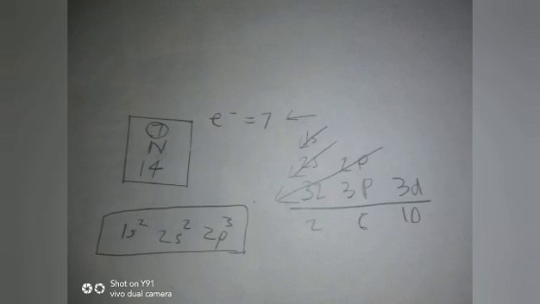Then after 2s, you want to go to 2p and then 3s. Now 2p can go up to 6 electrons, but we only need 3 more because if you add the exponents, 2 plus 2 plus 3 equals 7. So once you get this number of electrons, you can stop. This is the electron configuration for an atom of nitrogen.